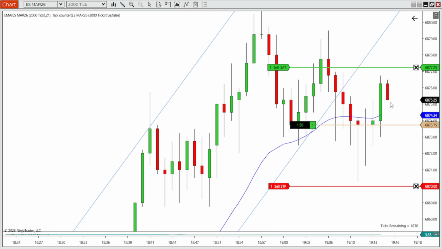We just need a few more ticks to get our target hit, but the bar didn't start off so well. Just a few more ticks to our TP.